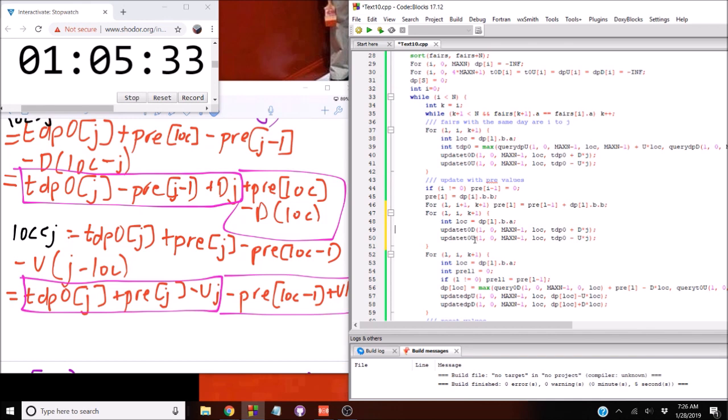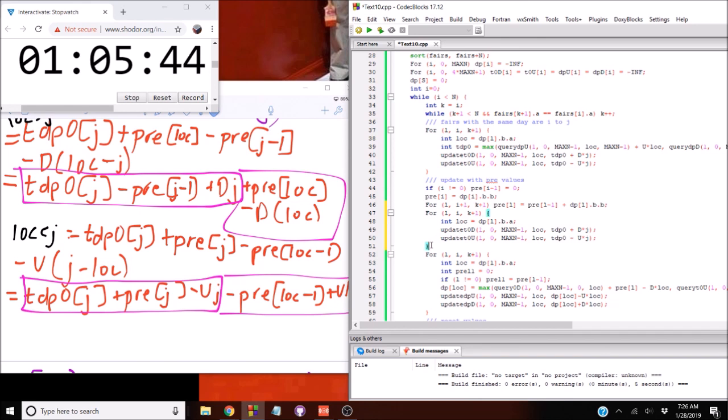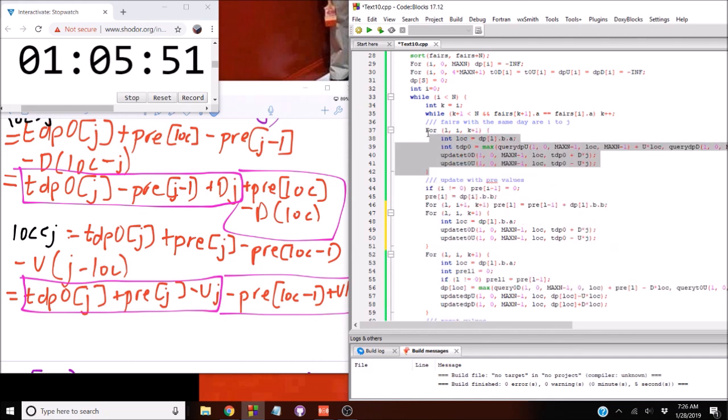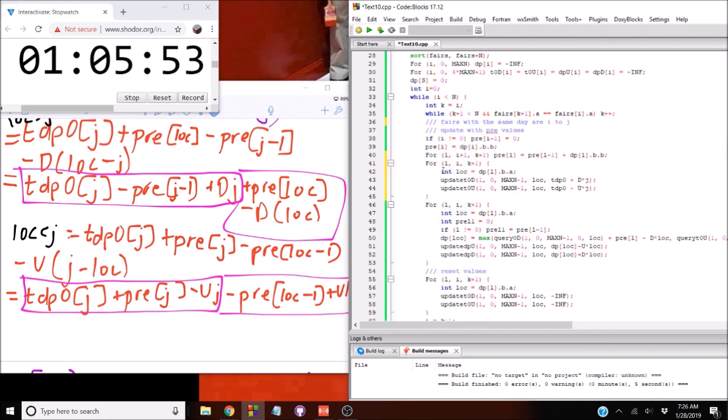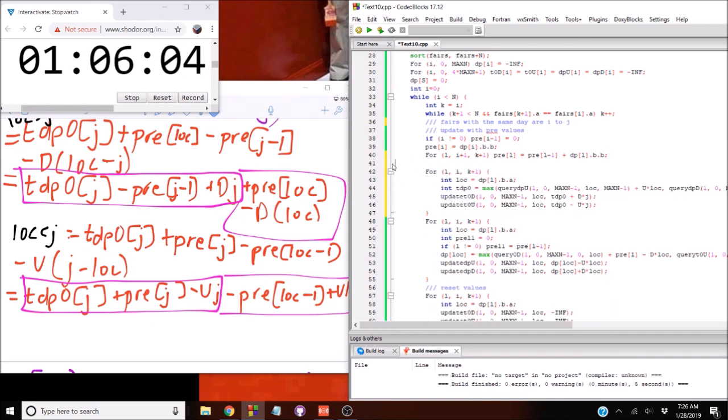Okay, so here I think what I'll do is set up the prefix sum values before updating that. So then I don't need to set up a separate thing for that.